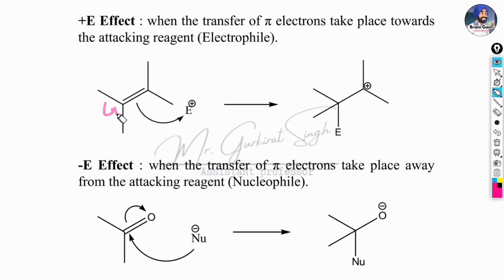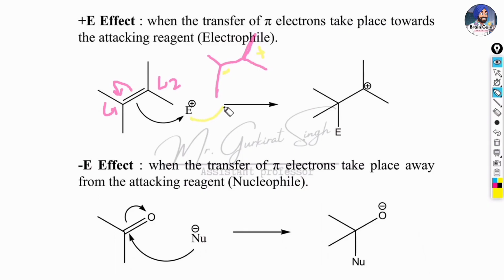We have two carbons, that's carbon number 1 and that's my carbon number 2. If my pi electrons move to carbon number 1, carbon atom 1 will attain the negative charge and carbon 2 will attain the positive charge, and we are attacking with an electrophile here.